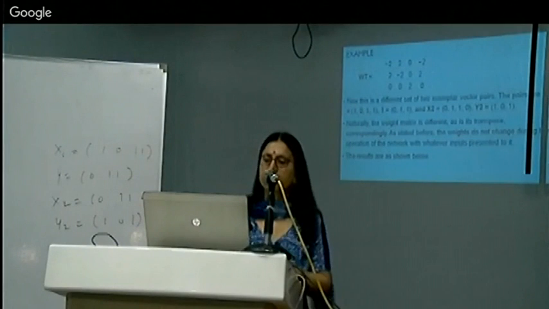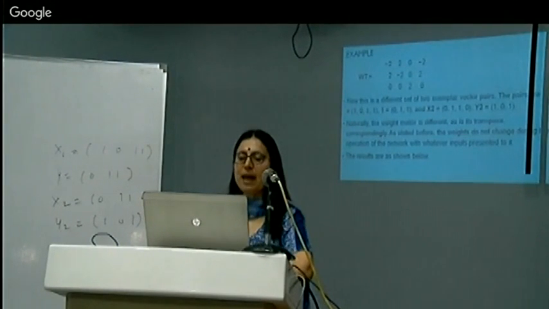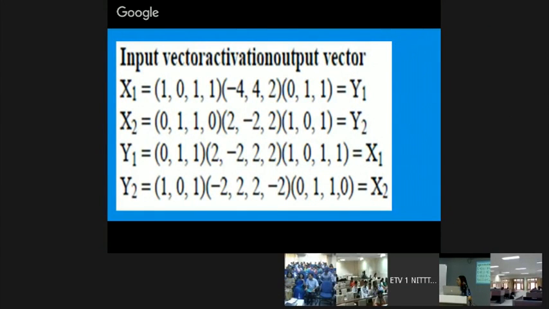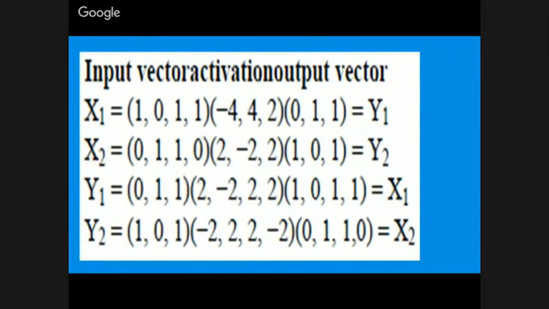If we now apply the same logic, when we apply x1 as the input vector, y1 will be the output, and when we apply x2 as the input vector, y2 will be the output.